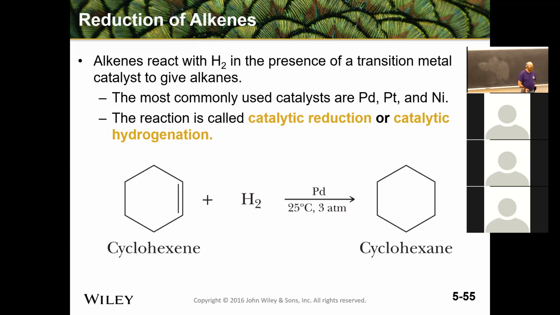However, if you add palladium, which is element number 46 in the periodic table, a metal, then we can carry this out at 25 degrees Celsius, room temperature, and 3 atmospheres.